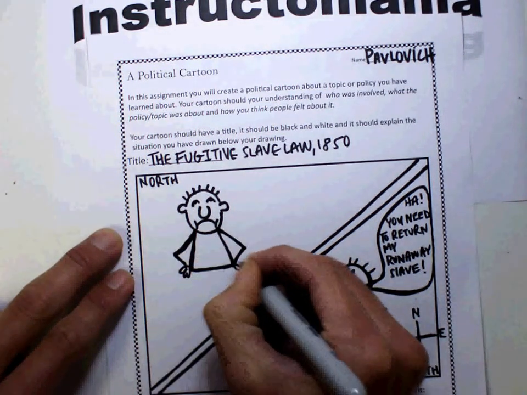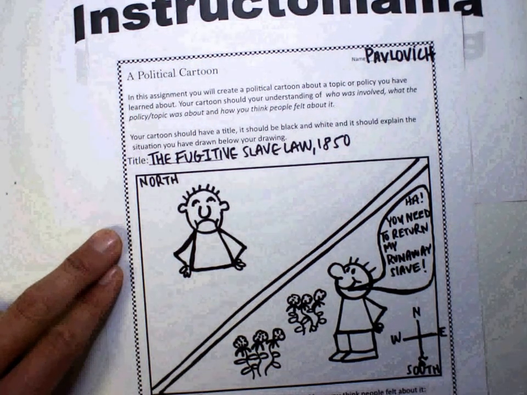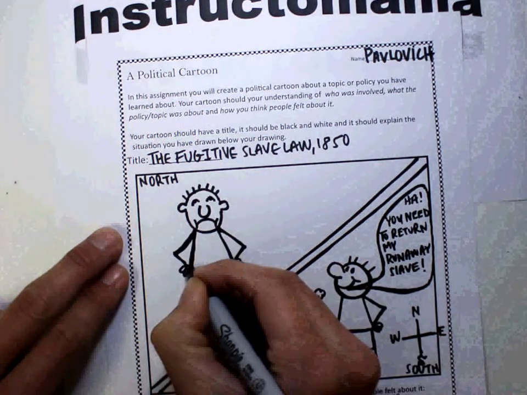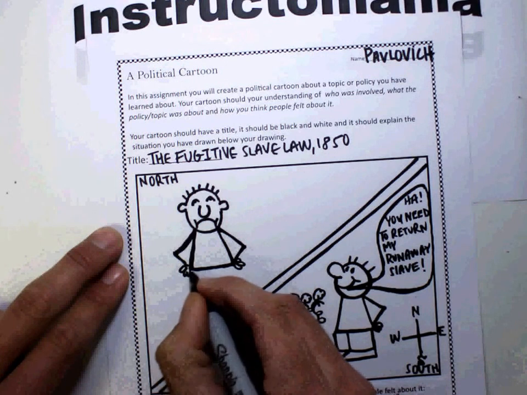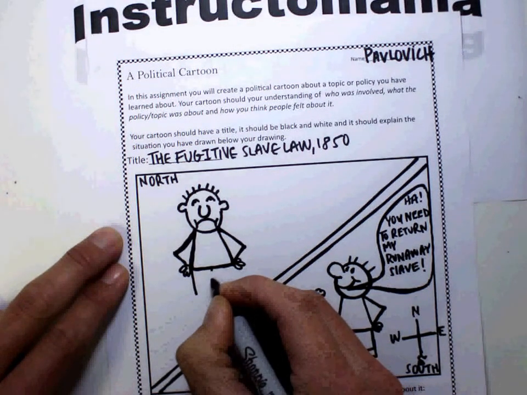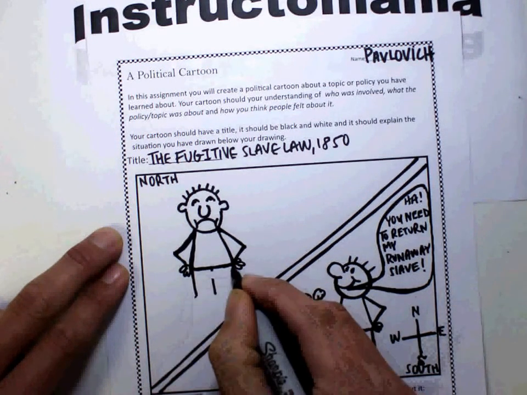All right, I'm going to draw some arms. I just drew the body. Draw some arms, same way. We're going to draw some hands coming off too, like he's got his hands on his hips. All right, now we'll draw the legs.